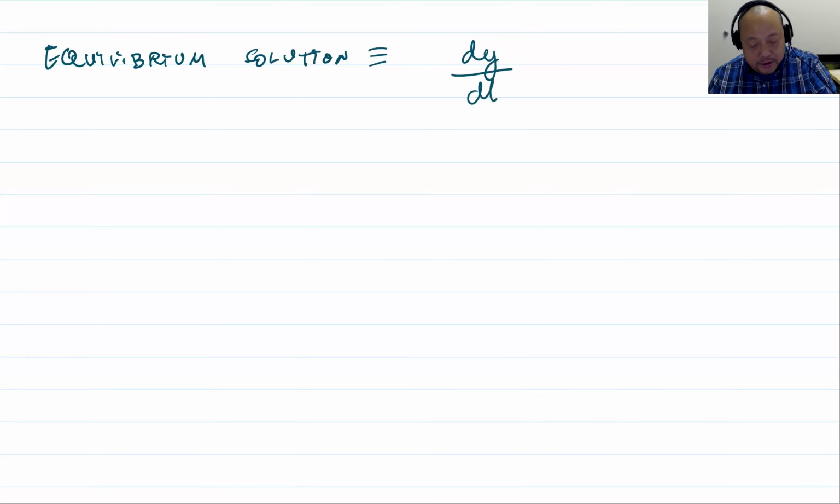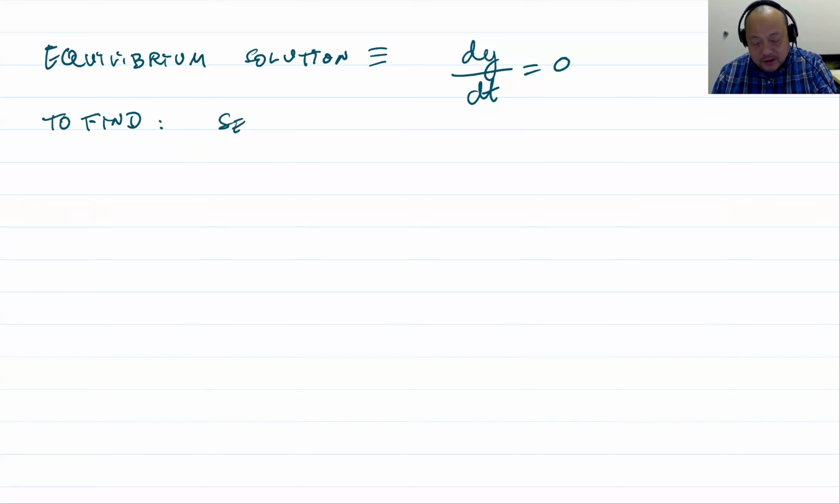So let's summarize what we got so far. An equilibrium solution is defined as when the derivative dy/dt is equal to 0. That's also how we would find an equilibrium solution. To find it, we set dy/dt equals 0.